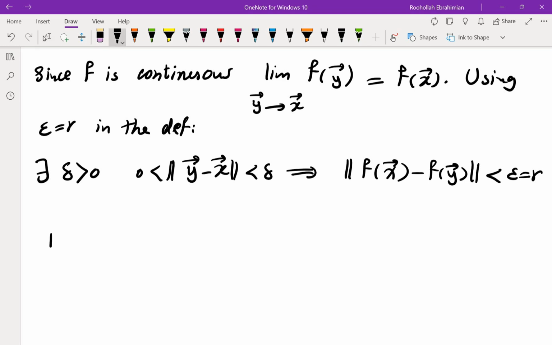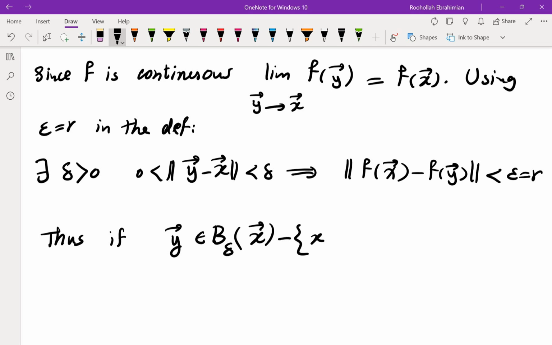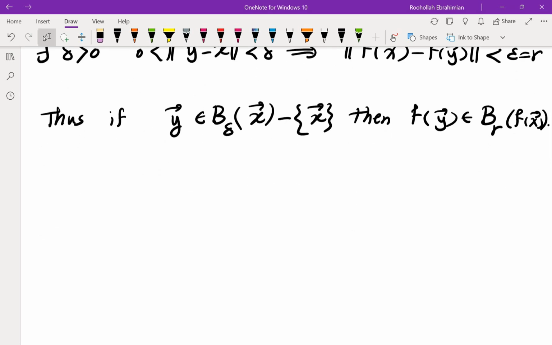It means if y is in the ball of radius delta centered at x, excluding the center itself, then f of y is in fact in the ball of radius r centered at f of x.